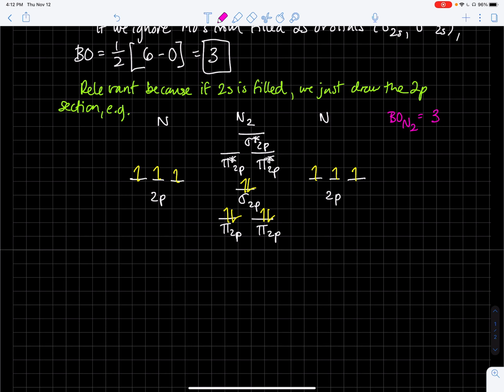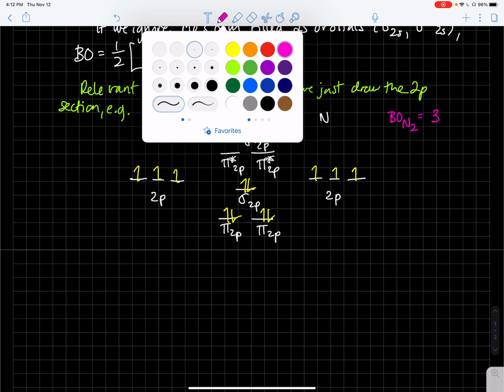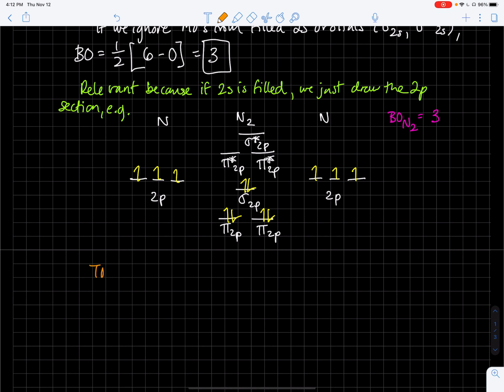So how do we make N2 plus? Well, to make the molecular ion N2 plus, first draw the correlation diagram for N2, which we've done, and then in this case, we're going to remove 1 electron from the molecule.